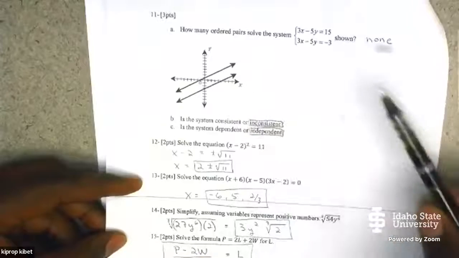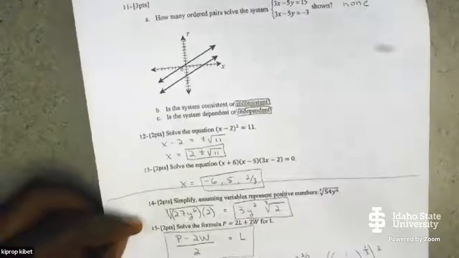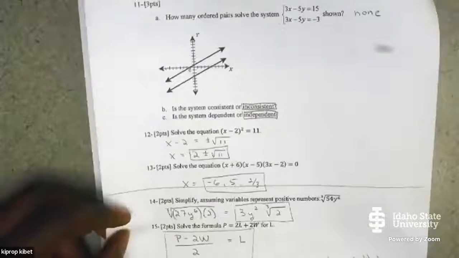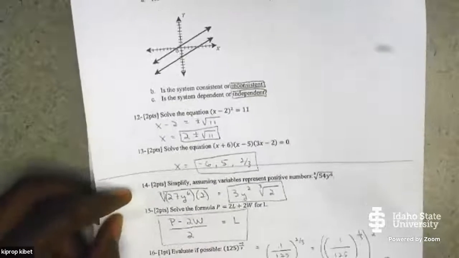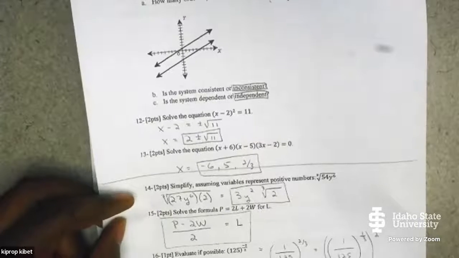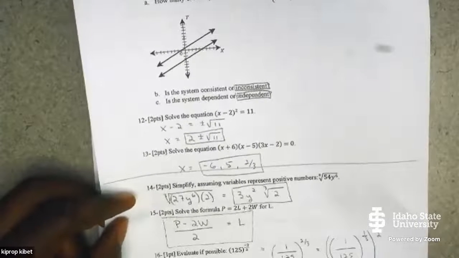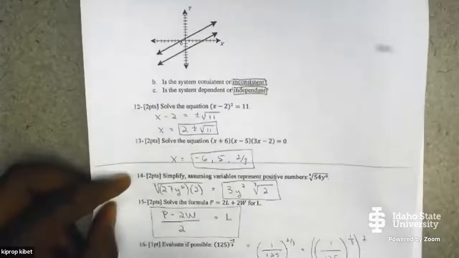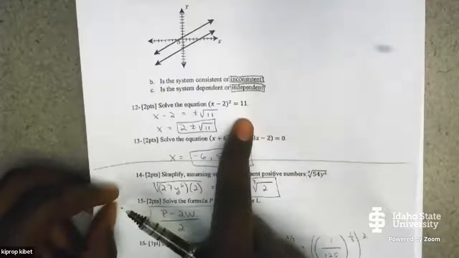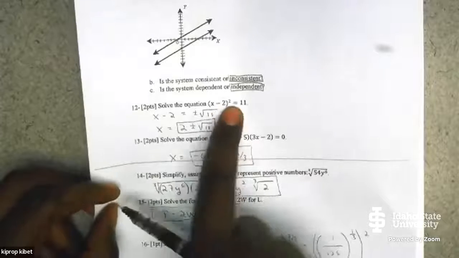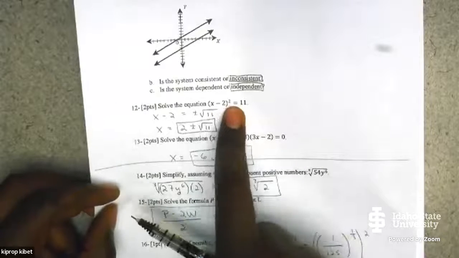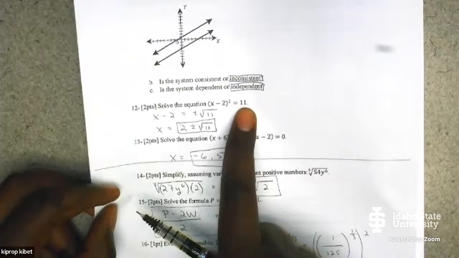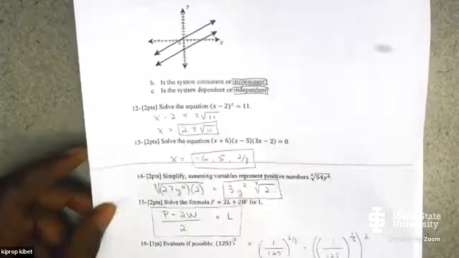They are parallel, right? If they are parallel, what did we say? I wrote them over here one day, if you still recall, when it is parallel, when it is perpendicular. Is it consistent, inconsistent? You have all this in your notes. Again, this one, when you find the square root here, then this one should be plus or minus.